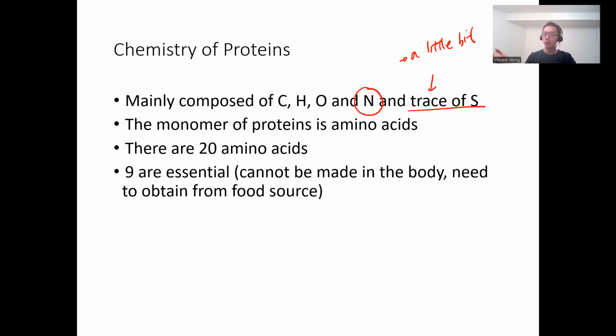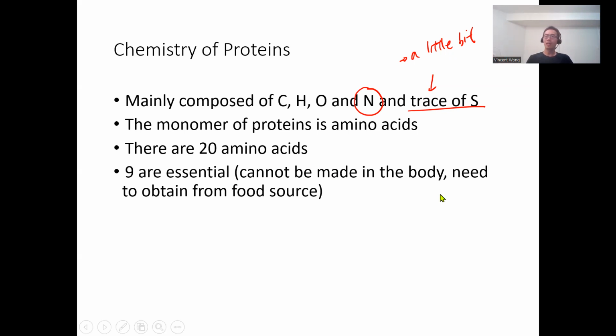Of the 20 amino acids, 9 of them are essential. We saw this word before in fatty acids. Essential means you cannot make them in the body, but you need them. So where do you get them? You have to eat them, from your diet.